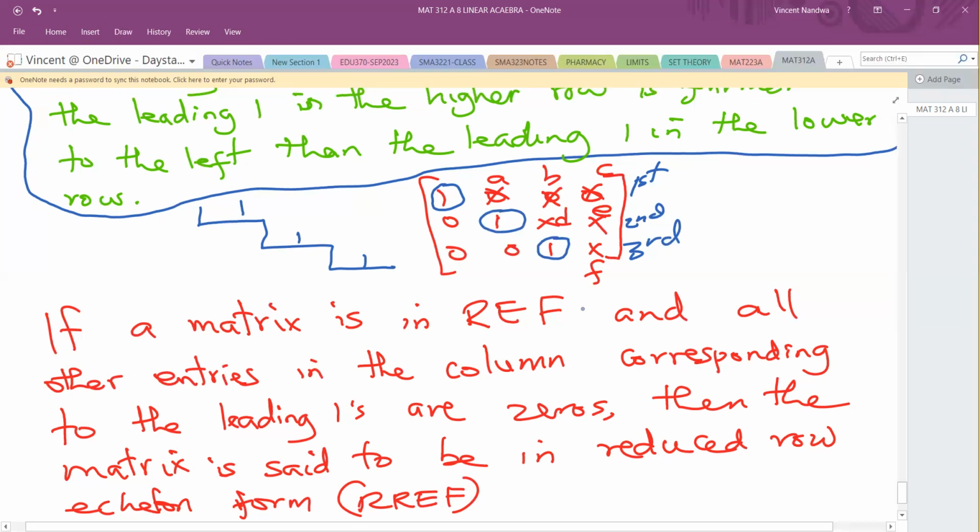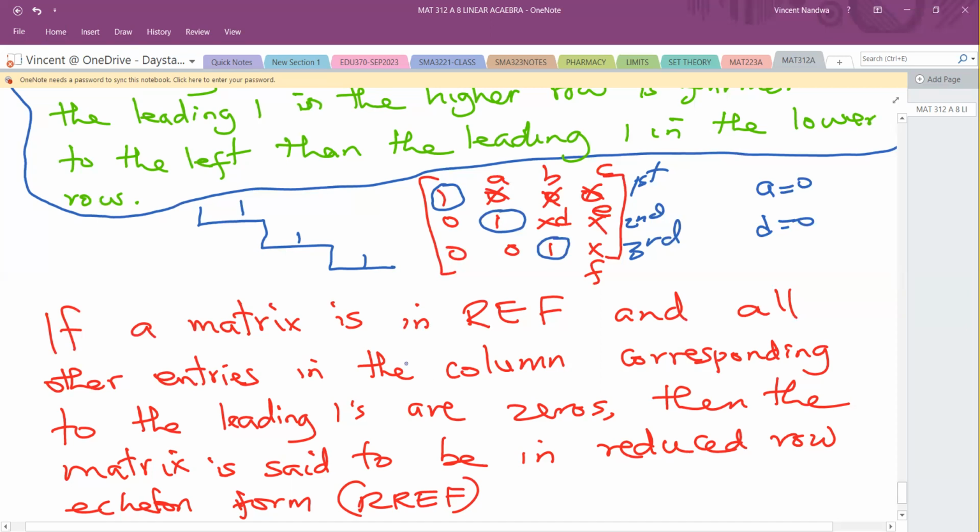For this matrix to be in reduced echelon form, A must be 0. What other positions should be 0? D should be 0, and F. So you identify the positions of leading ones and then check through the column.